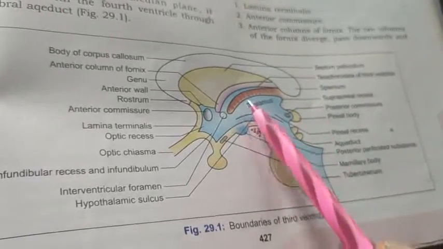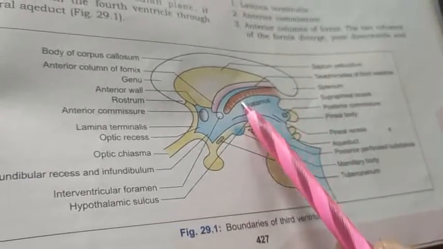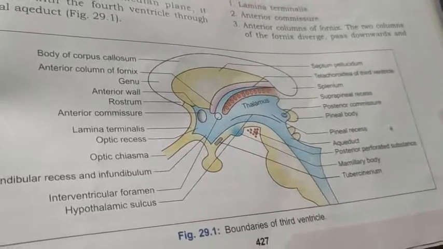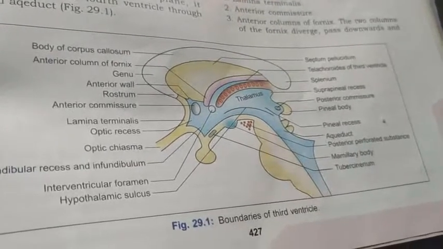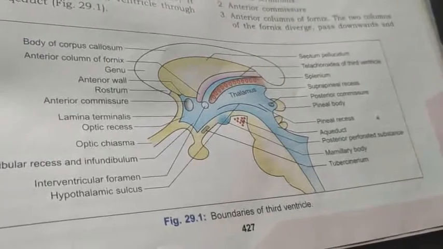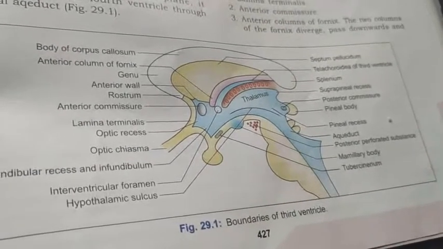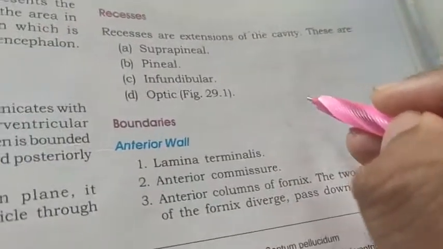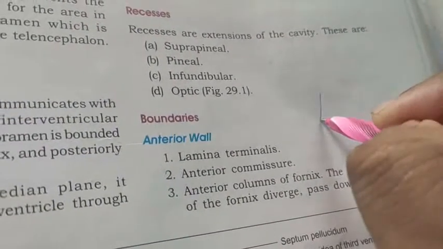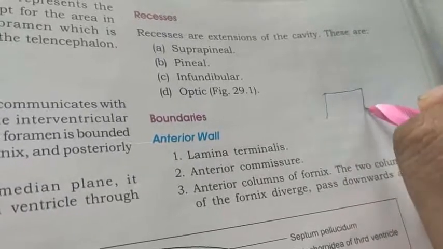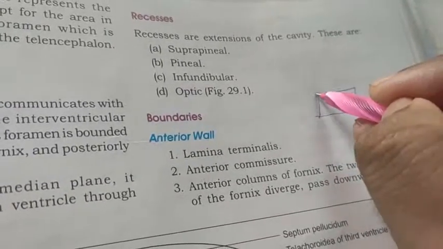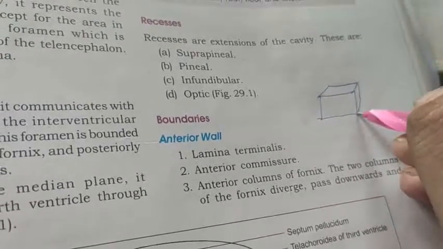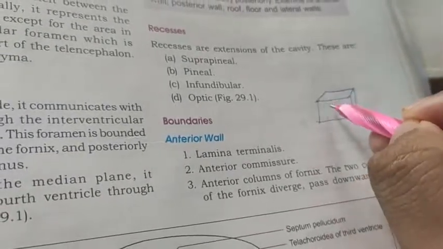The thalamic nucleus on both sides, left and right, has the habenular nucleus on its superior and lateral aspect. Suppose you draw an imaginary diagram of the third ventricle this way. It is box-like.